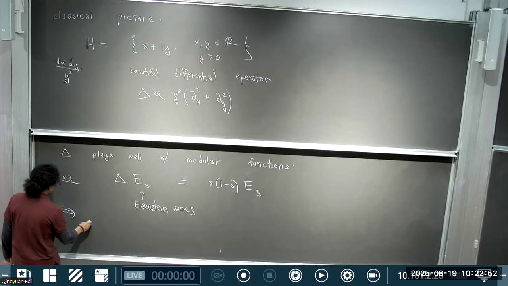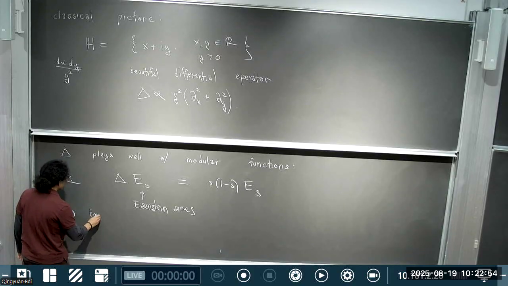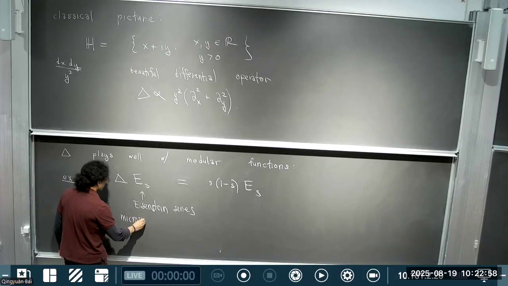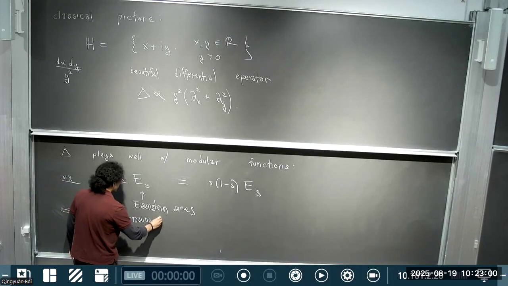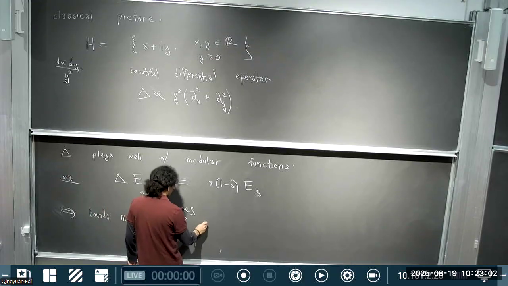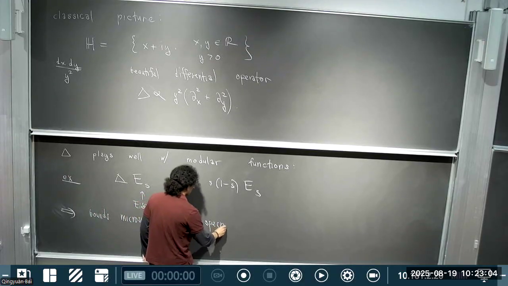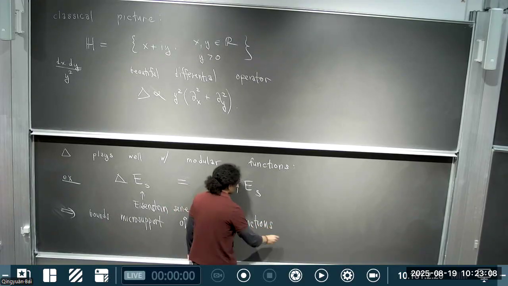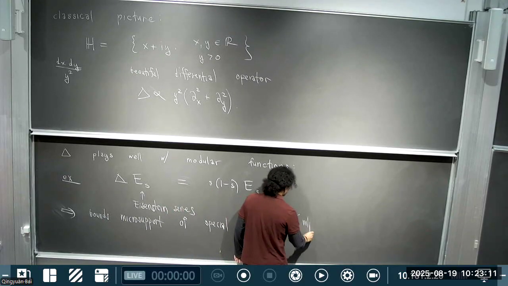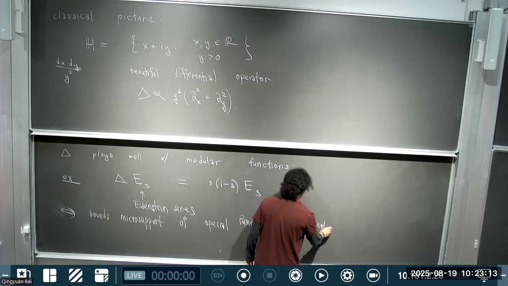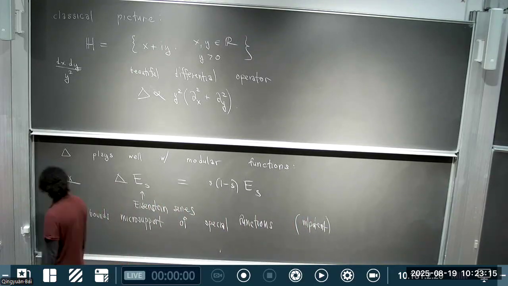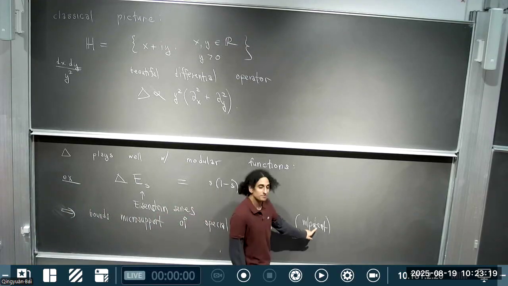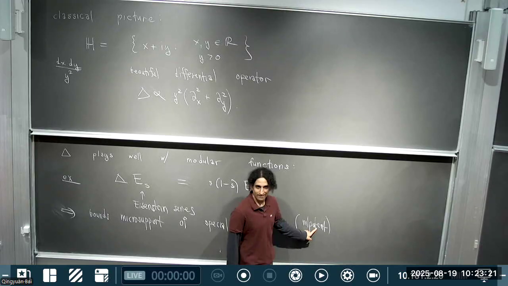That implies that this bounds the microsupport, the wavefront sets or whatever, of these special functions. In a precise sense, it forces it to be small. So I need to explain now what on earth I mean.